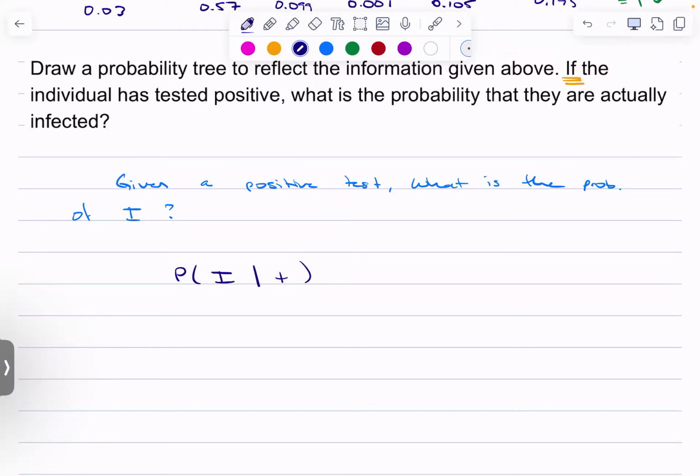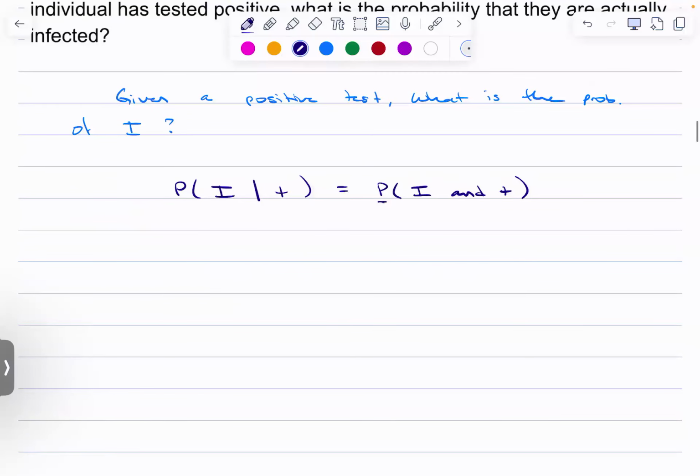And from your formula sheet, you know that it's going to be the probability of I and positive over the total probability of just testing positive. Yeah? And so this is going to look like this, the probability of I and positive divided by the probability of positive, right?